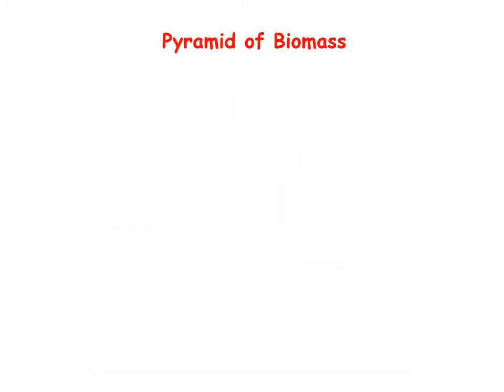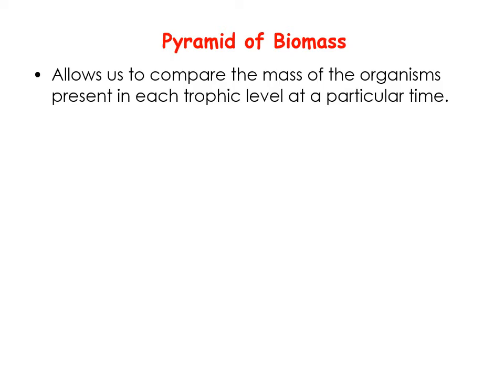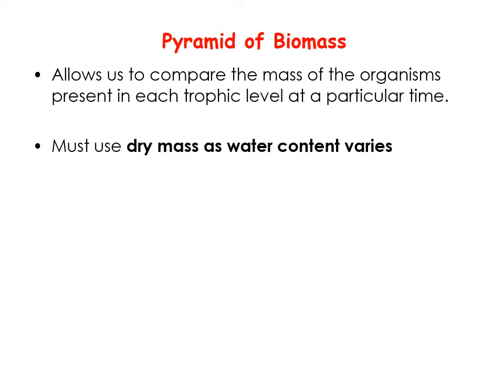So sometimes data is presented to you as pyramids of biomass, and pyramids of biomass give us a better sense of the energy transferred through a food chain, because they are allowing us to compare the mass of the organisms. It's important that when we construct these pyramids, because we're making comparisons, we must use dry mass. We do that because the water content will vary.